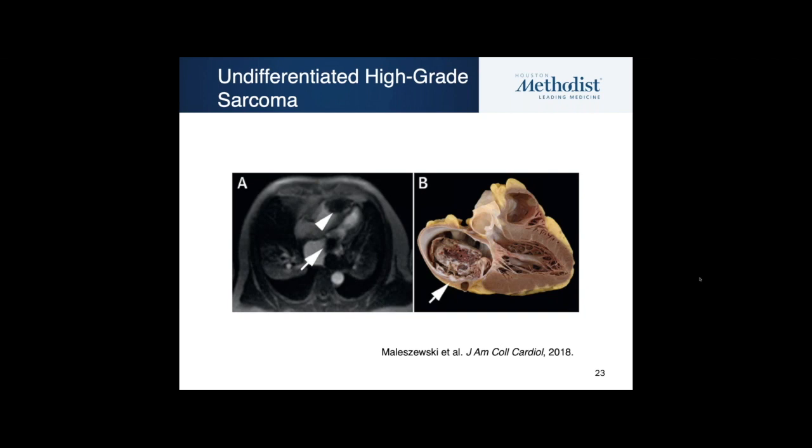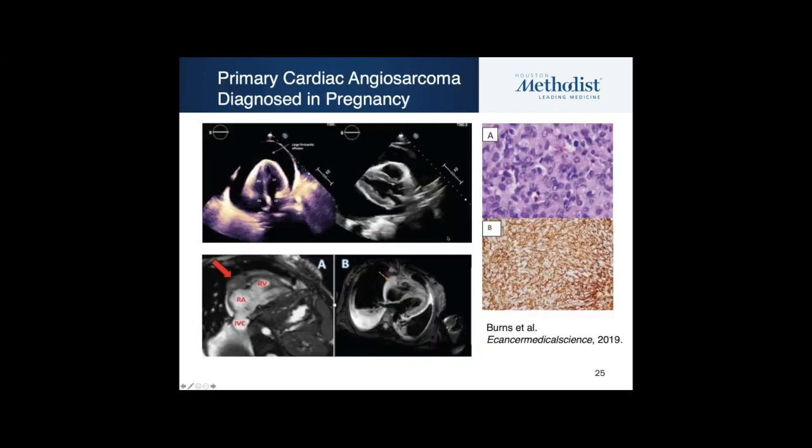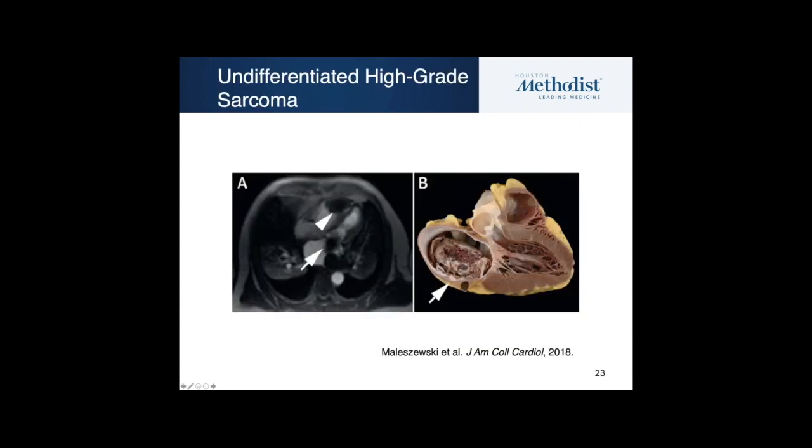You can feel free to correct me if I'm wrong, if there are updates, Dr. Maleszewski, but they're usually not as helpful in these tumors. You said immunohistochemistry is not helpful? Not as helpful in the undifferentiated high-grade sarcoma.